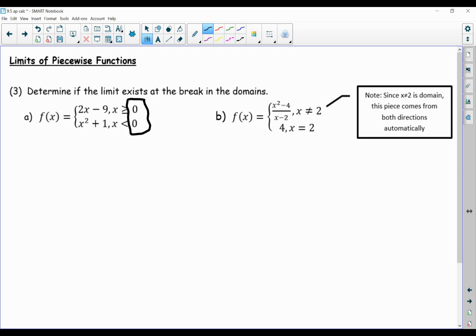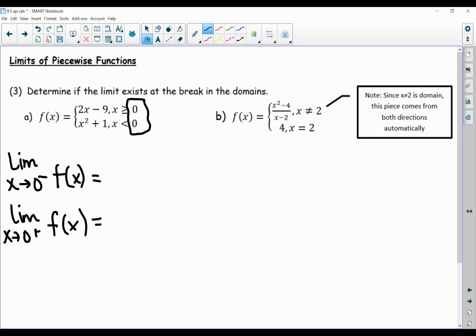So if I wanted to figure out if the limit existed at the break in the domain, you have to go to the heart of when a limit exists. So last class, we learned a limit exists if and only if the limit from the left of a function is equal to the limit from the right of a function. So if I were doing a proof, a mathematical proof here, I'm going to calculate the limit as x approaches 0 from the left of f of x, and the limit as x approaches 0 from the right of f of x.